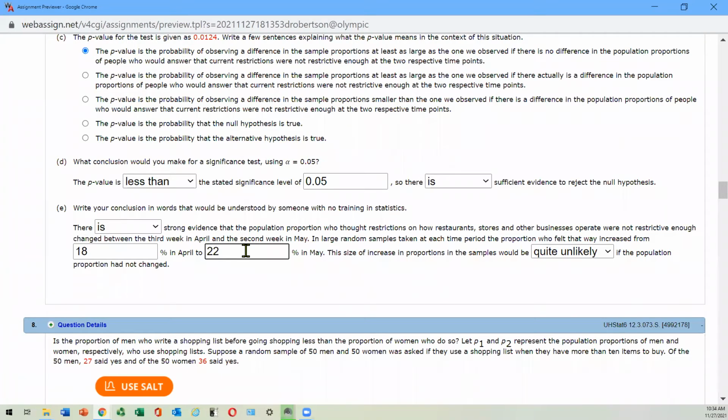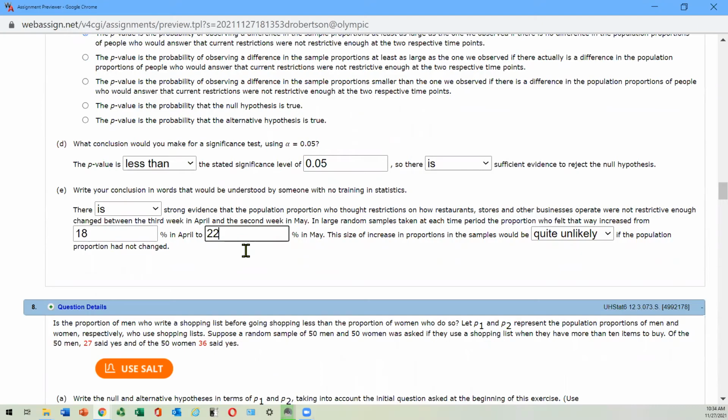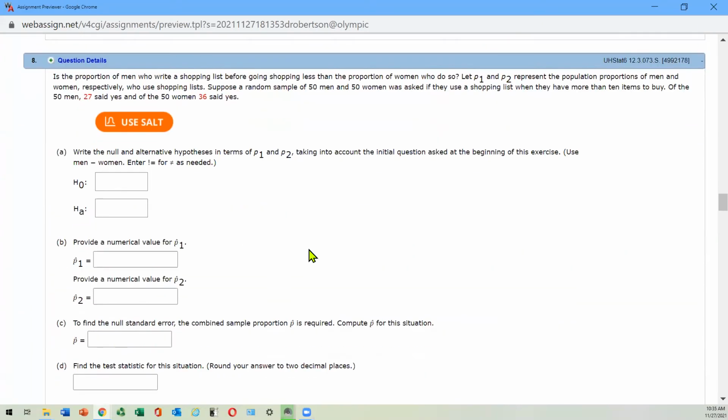If the p-value is unusually small, less than 0.05, we can make the sensible conclusion that since this is quite unlikely to have happened if P1 and P2 were equal to each other, then this must be evidence that they're not equal to each other. In this case, exactly not equal to, but in other situations, the reason they're not equal is one's bigger than the other or one is less than the other.